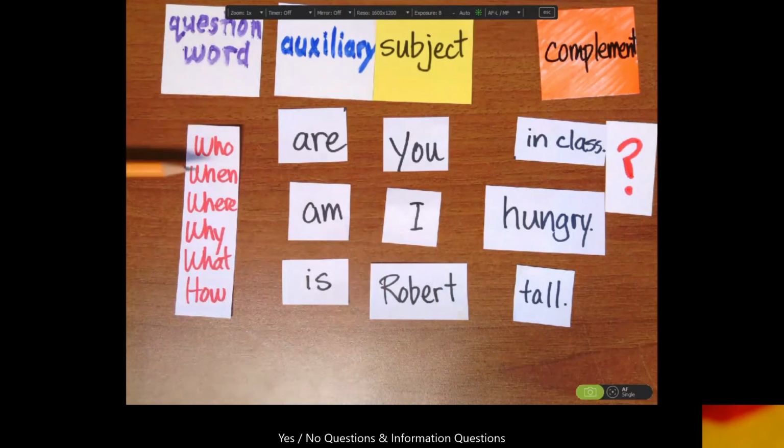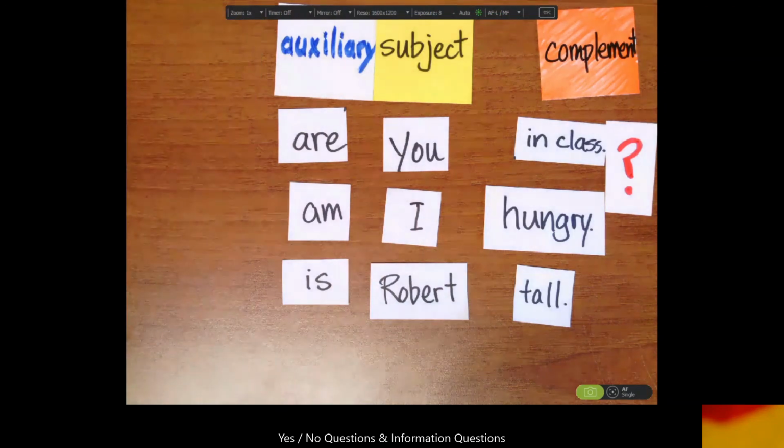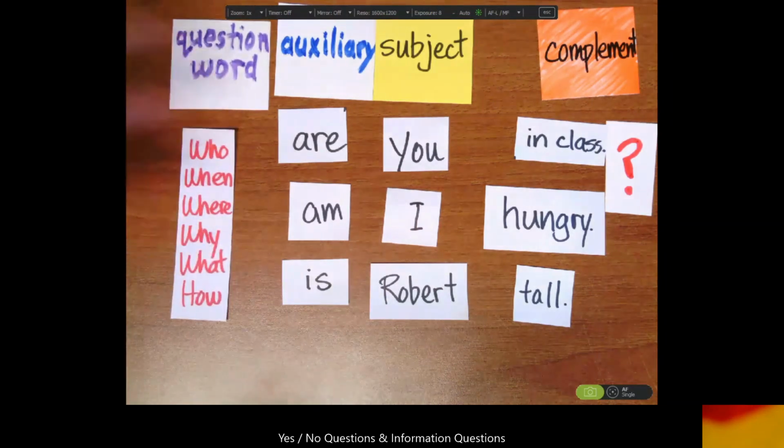So, when are you in class? Why are you in class? When am I hungry? How am I hungry? Why is Robert tall? So, you have just made yes/no questions and information questions using the verb be.